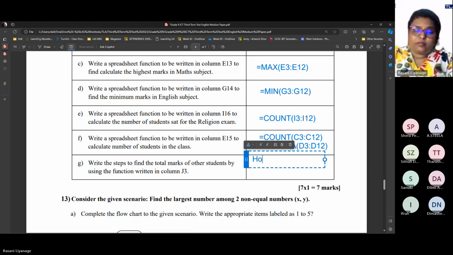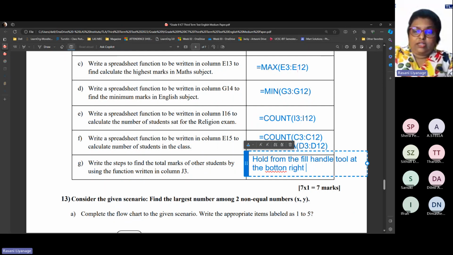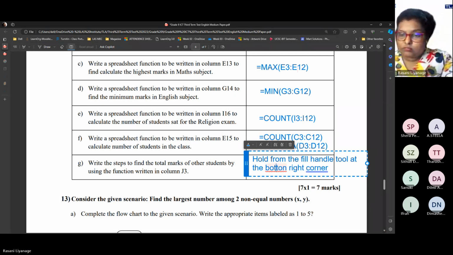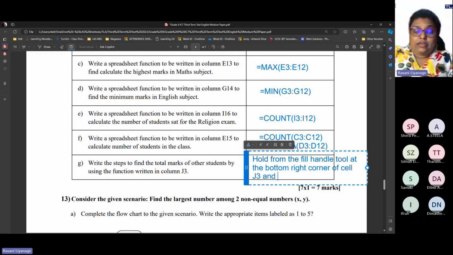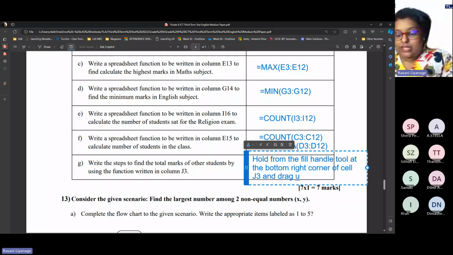Hold the fill handle tool at the bottom right corner of cell J3 and drag. Now you have to be specific. Don't just say drag with the fill handle tool.